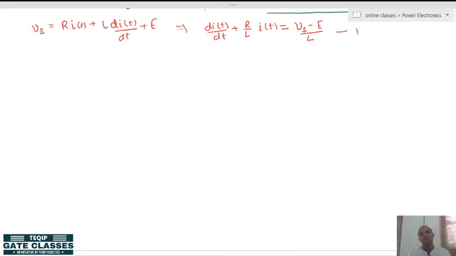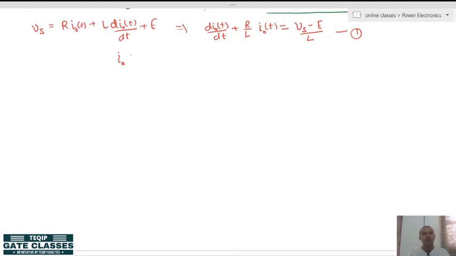Now this equation is a first order linear non-homogeneous equation. For such equations, as you have also studied in maths, we get two solutions. One solution is called the forced solution, or in mathematical terms, let's say the solution is I naught, because we are going to calculate load current.